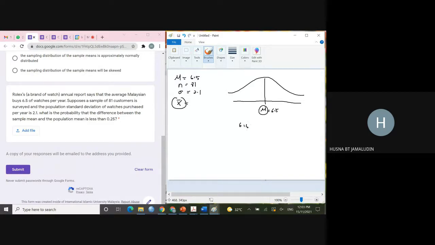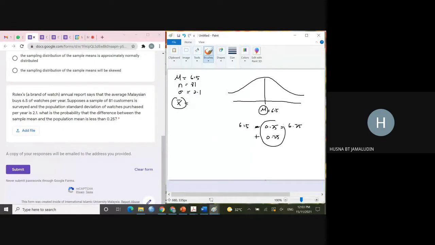So 6.5 minus 0.25 equals to what? Anyone have a calculator? 6.25. Regardless whether you minus or you plus 0.25, you should get the difference.